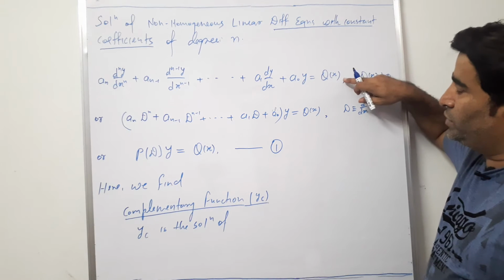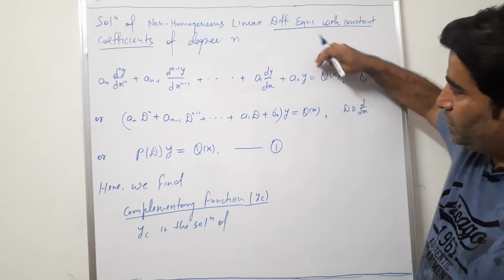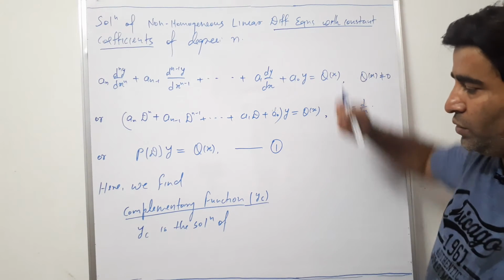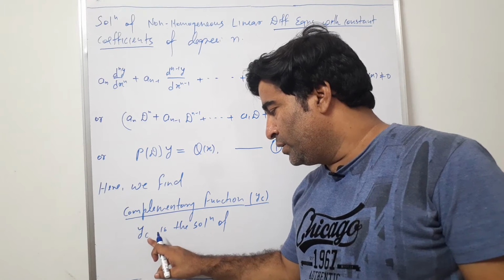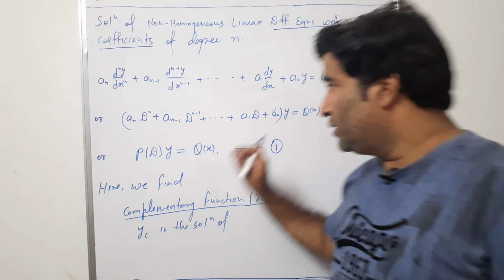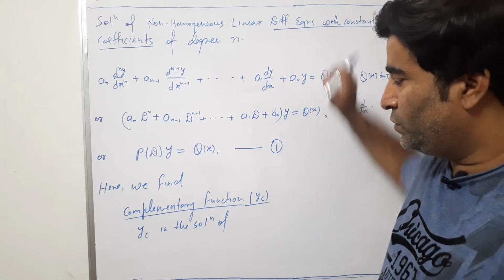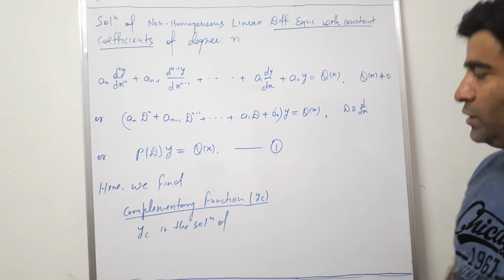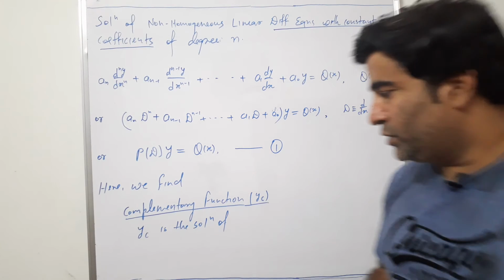We take Q as 0, then we have this differential equation equal to 0, which is the homogeneous one, and y_c is the solution of the homogeneous equation, which we solved in the previous lecture.